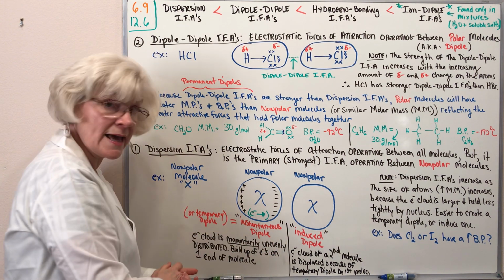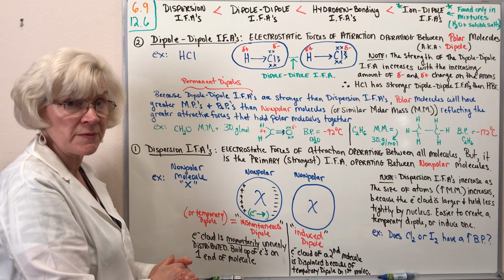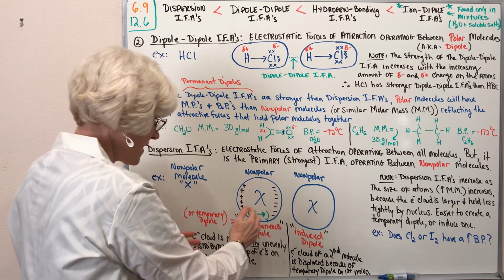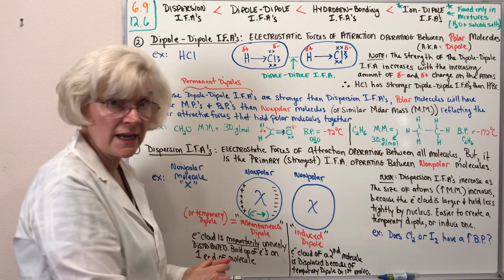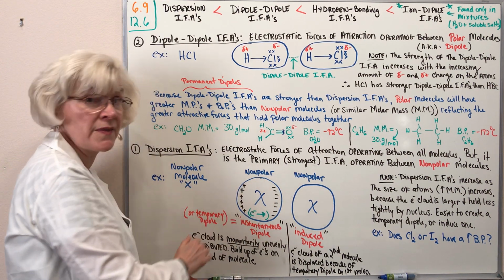Well, if you're looking at an electron cloud and it is not evenly distributed, what do you expect to see? Well, you'd expect to see that there's more electron density on one end of the molecule than there is on the other.